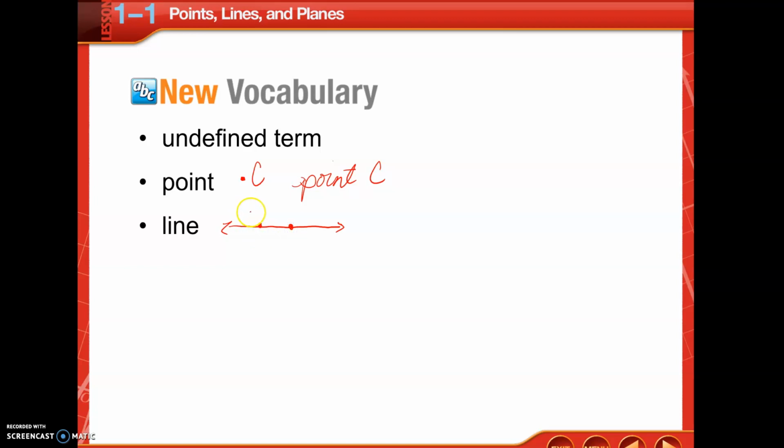So we name a line by naming 2 of the points on there, and then we draw a short little line underneath there. If it's a line, it should have arrows on both ends. Or we write out line, and sometimes they'll have a cursive letter at the end. So then this would be line S. So either way, you can name 2 points on there or line S, but only 2 points. It can be any 2 points, but it has to be 2 points on that line.